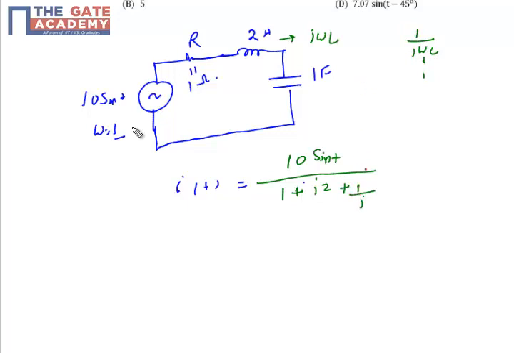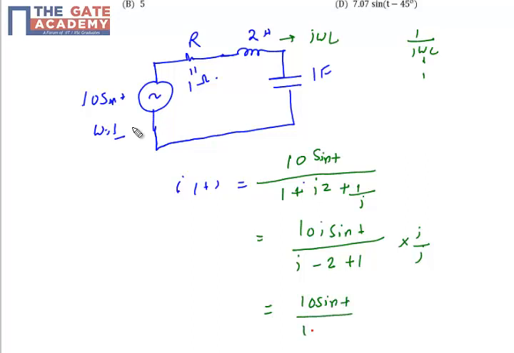Just solve, multiply by j, so it's 10 sin t times j upon j times j minus 2 plus 1, divide by j, so you will get the expression 10 sin t by 1 plus j. This is the expression of i(t).